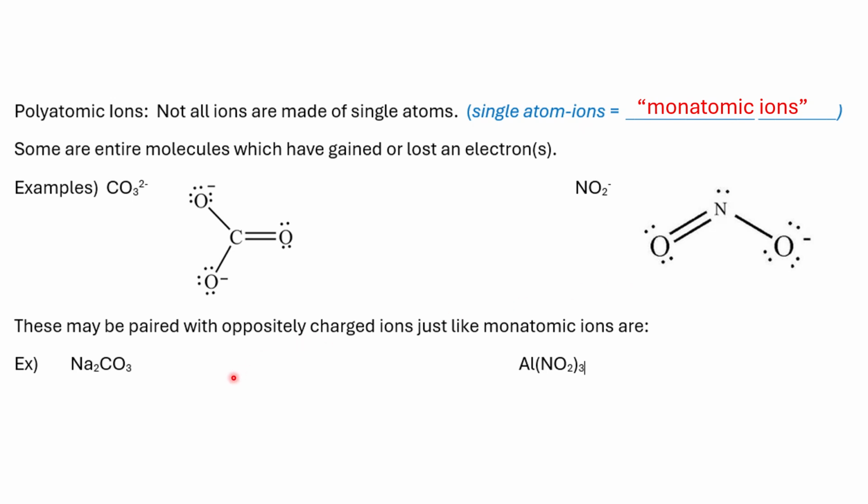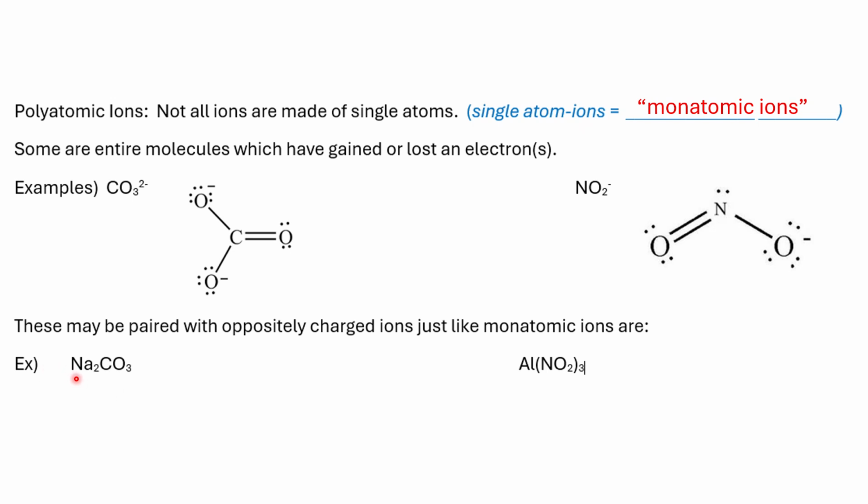Just understand that when we look at a formula, we can have a metal like sodium, which of course wants to lose electrons, paired with a polyatomic ion like carbonate. So as long as the carbonate is negative, remember the negative means it's gained electrons, and of course where did it gain electrons from? Well, in this case it gained those electrons from sodium, right?